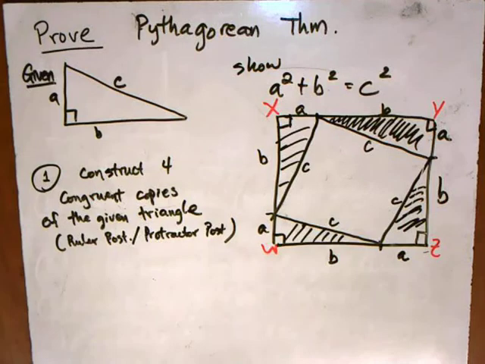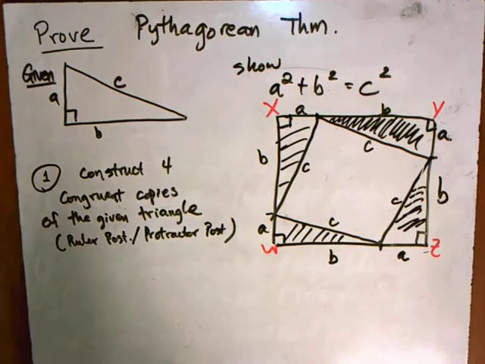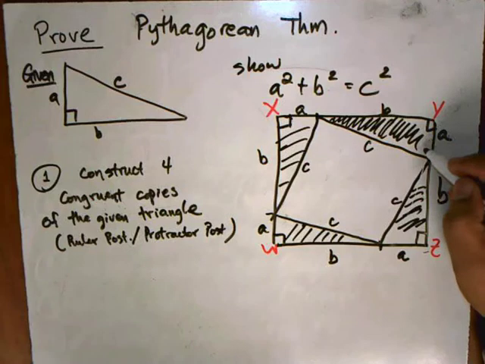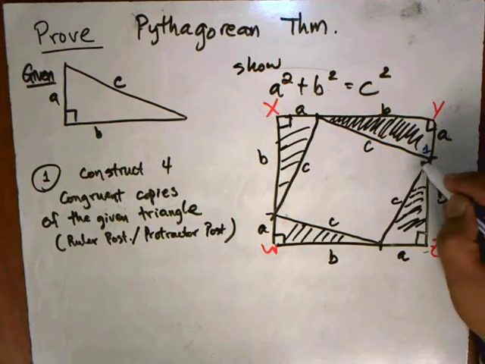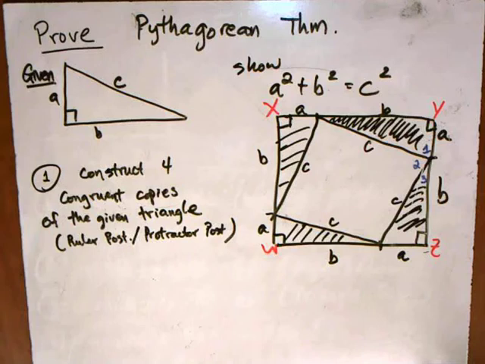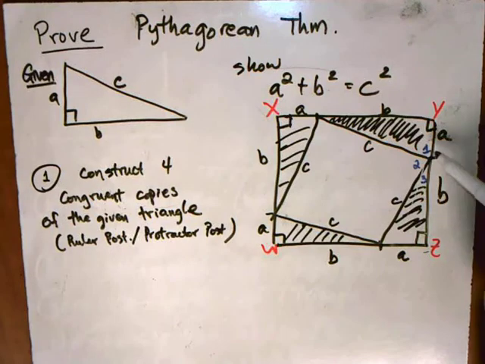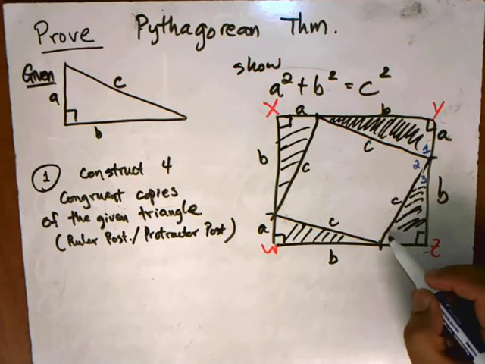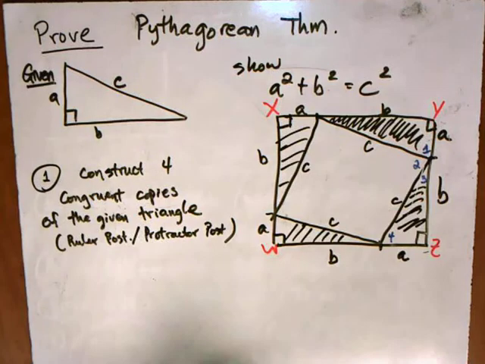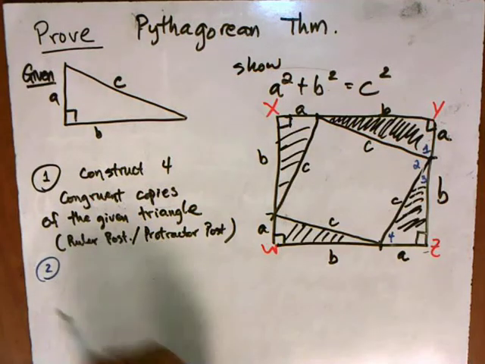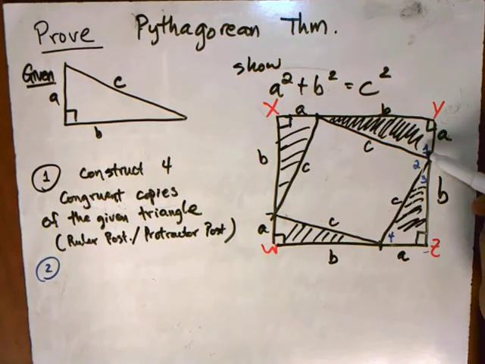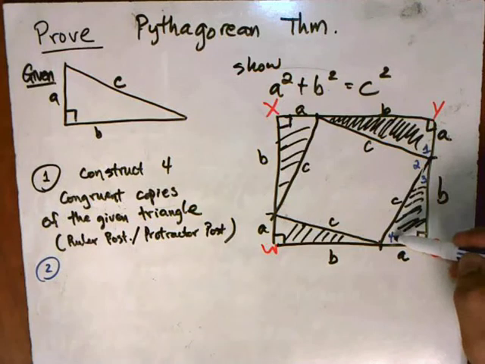So I'm going to name another set of angles here. I'm going to call this angle 1, this angle 2, and this angle 3, and I'll name one more angle down here, angle 4. From this we can see that angles 1 and 4 are congruent.